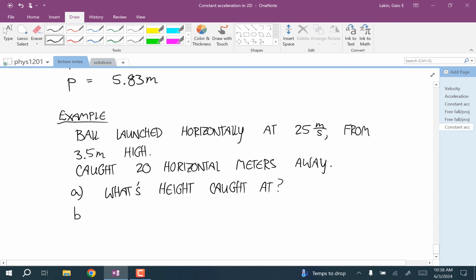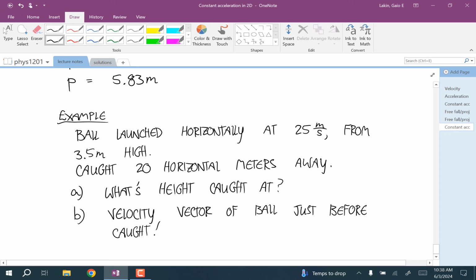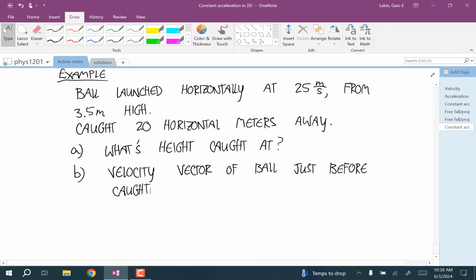And second, let's calculate the velocity vector of the ball right before it's caught. I don't know why I put an exclamation point there. It's really not that exciting.